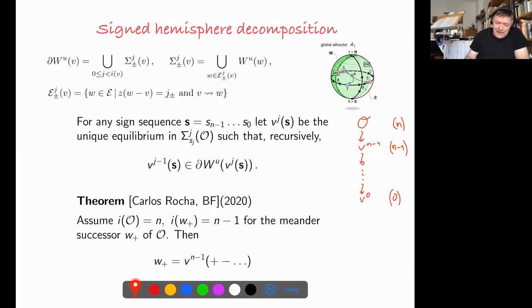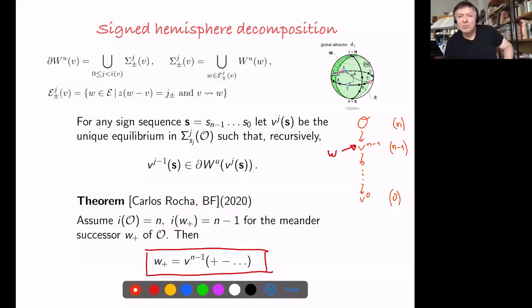In graph theory. So here, if the successor of a given equilibrium O has Morse index 1 more or 1 less, then it is the descendant according to this formula. It is the topmost guy, so this is the W. And in this way, the descendants define the paths of my boundary orders.